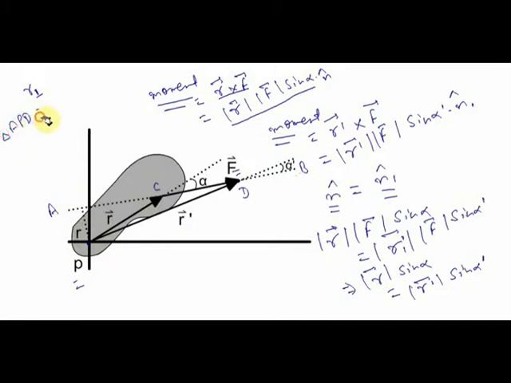In the triangle APC, r perpendicular would be equal to mod r sine alpha, because this angle is alpha, and this is perpendicular, so this is 90 degrees. So we can see from here that r perpendicular is equal to mod r, that is PC, into sine alpha.